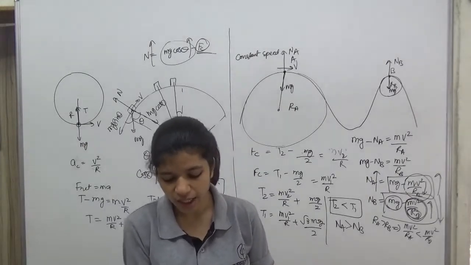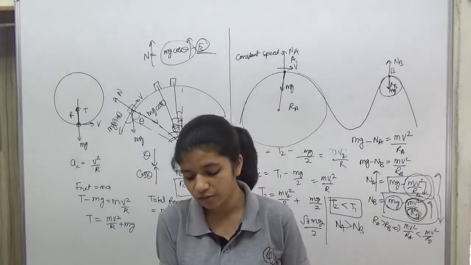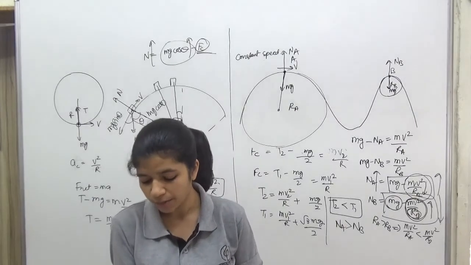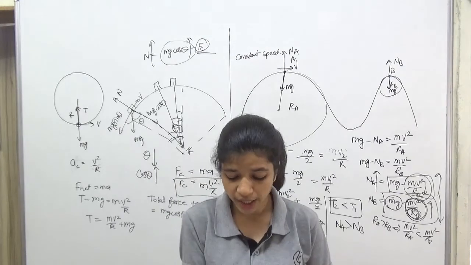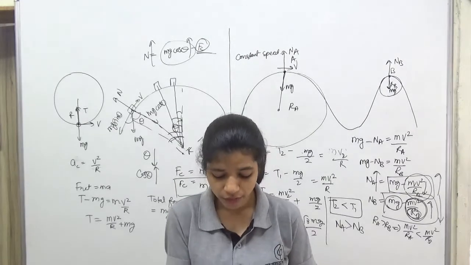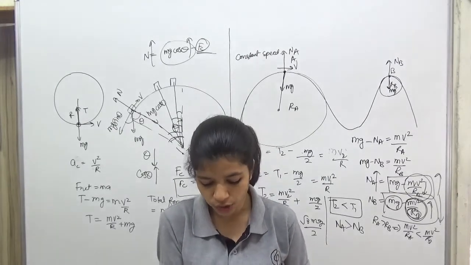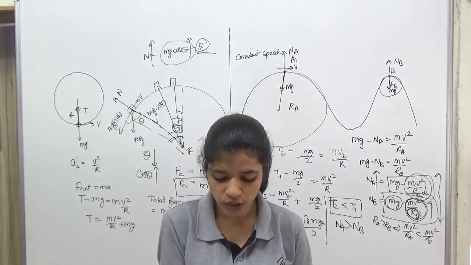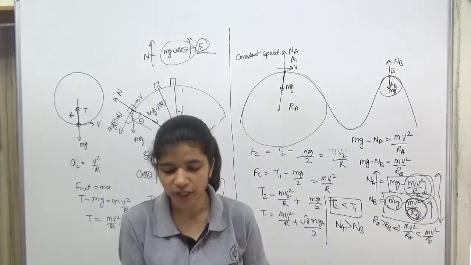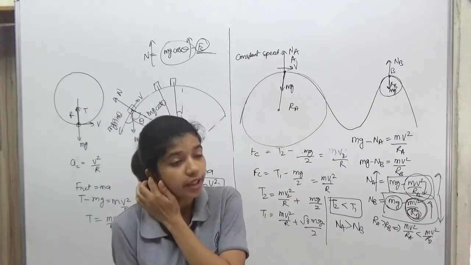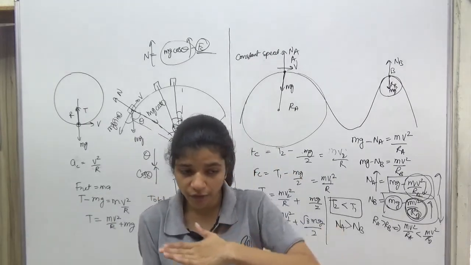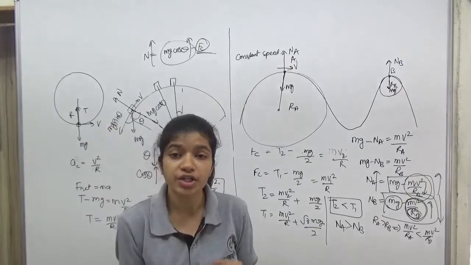Question number E7. A heavy mass is attached to a thin wire and is whirled in a vertical circle. The wire is most likely to break when the mass is at highest point, when it is at lowest point, when it is at horizontal, when it is at angle cos inverse 1/3 from the upward vertical. So we had calculated in the previous question that once we are moving away from the bottommost position, tension decreases.